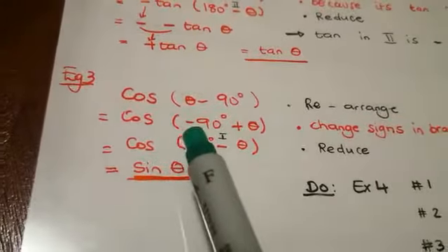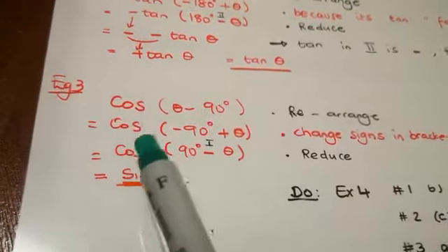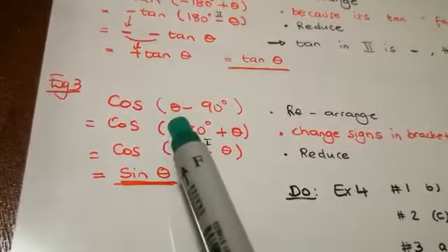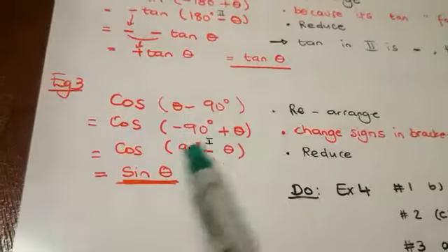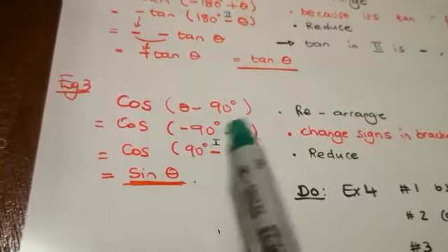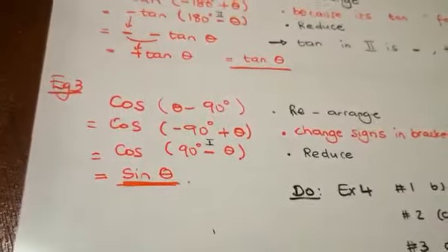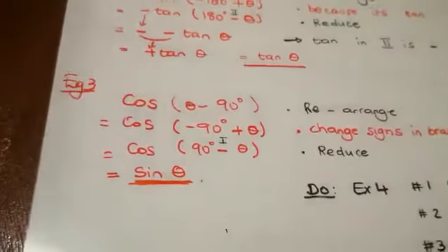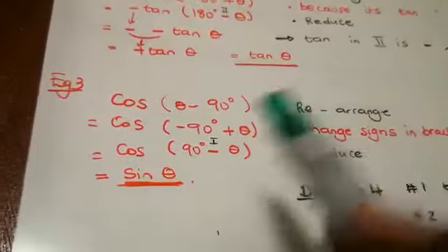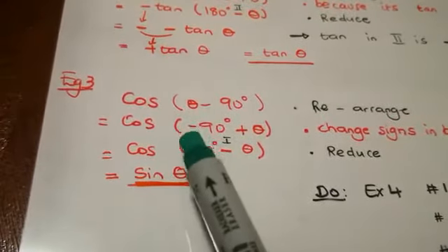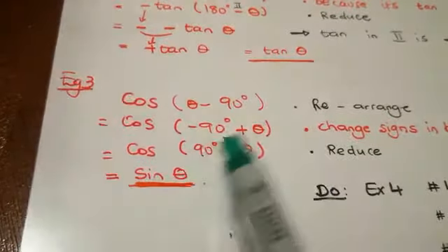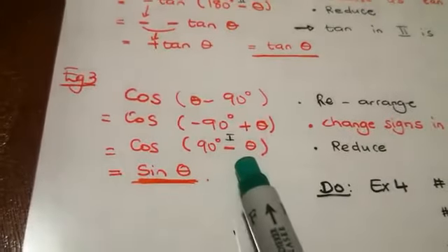So the only thing that we need to do is, because this is cos, we don't need to factor out the negative. The only thing that you do is change the signs inside the bracket. Because we said cos negative theta is the same as cos theta, we change the sign of what was inside the bracket. Okay, so negative 90 becomes positive and positive theta becomes negative.